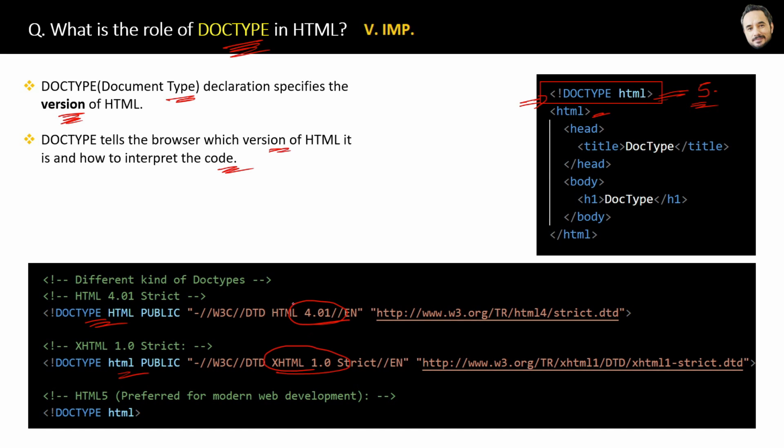There are other versions also, but we are not interested in them anymore, because now we have the last and most preferred one, which is HTML5. In 99% of cases, you will see only this document type in an HTML web page. Okay, clear? So that was the answer and the requirement of doctype in our HTML.